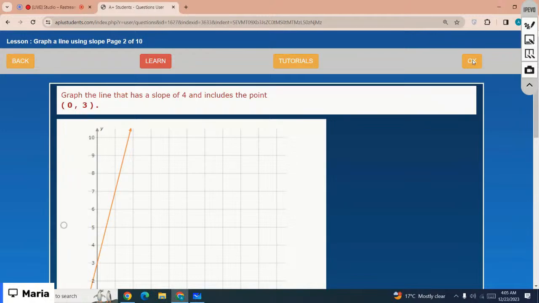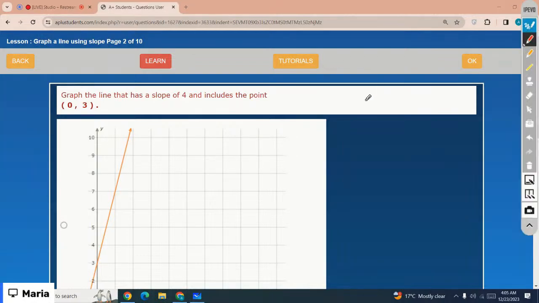Just check the graph with the point 0.03 and the slope 4. The slope is 4. That means change in y is 4 and change in x is 1, right? Here is the point 0.03.